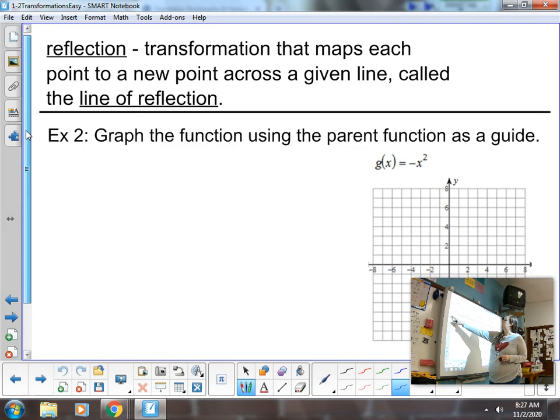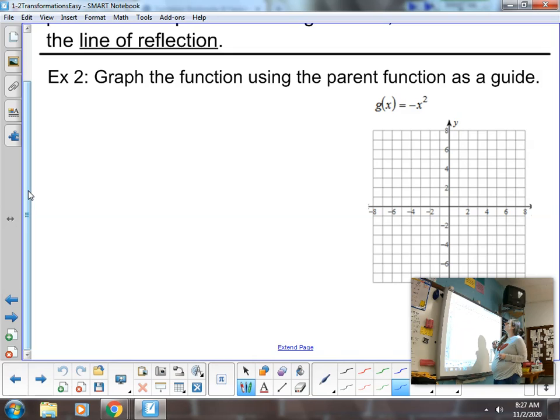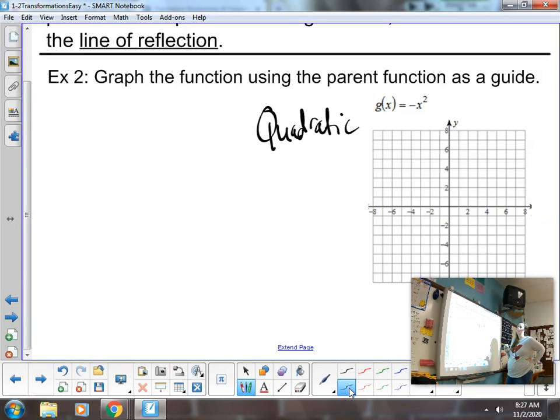And I'm going to scroll down here so we can see a little bit more of the graph. So we have this equation, g of x is equal to negative x squared. Looking at the equation, you need to figure out what the parent function would be. So this g of x does have a square in it, which means the parent has to belong to the quadratic function family.